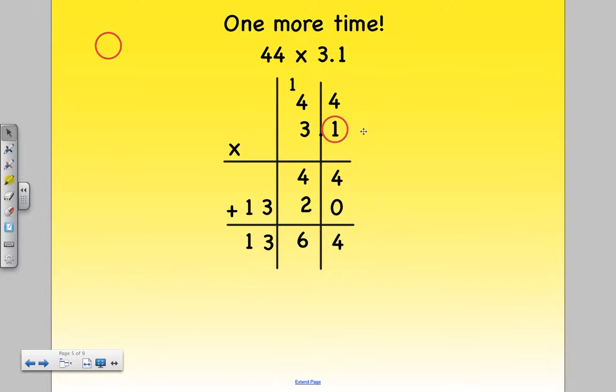Circle it. It always helps me. So I have one decimal here, so I need to move my decimal point and place it 1 in here. So it starts here. I'm going to move over 1 time and place it right here. So then my final answer I can see is 136.4.